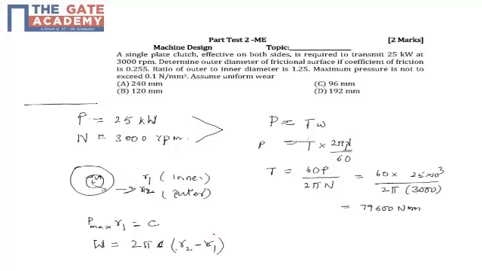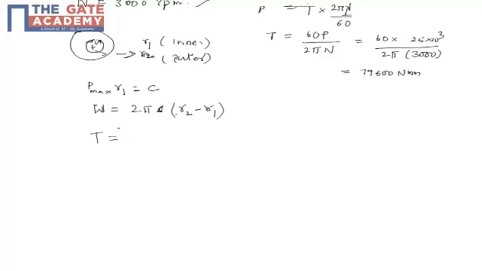This is the actual load, and then there is the expression for the torque. These three equations have come from the derivation for the uniform wear theory. Here N is the number of effective sides, which is 2, mu is the coefficient of friction, W is the actual load, and R is the mean radius, which is (R1 + R2) by 2.